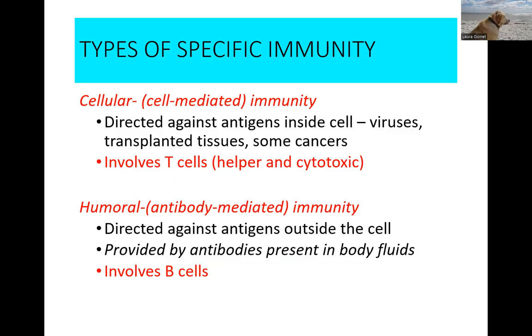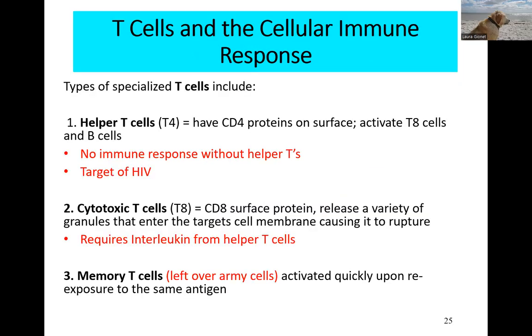Humoral or antibody-mediated immunity is directed against antigens outside the cell, because you're going to bind like lock and key to an antigen, and it's provided by antibodies present in body fluids. It involves the B lymphocytes or B cells.